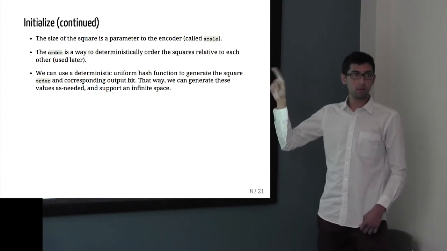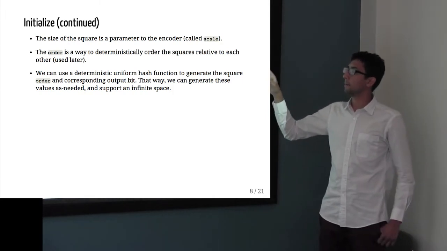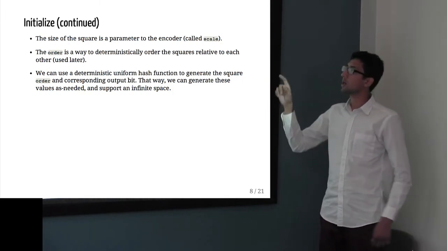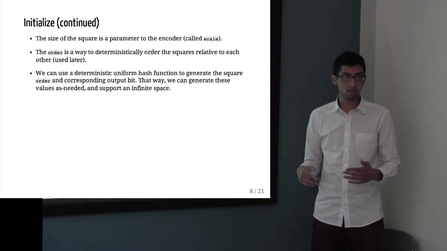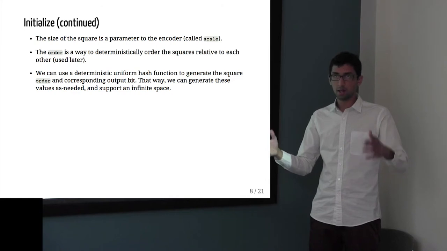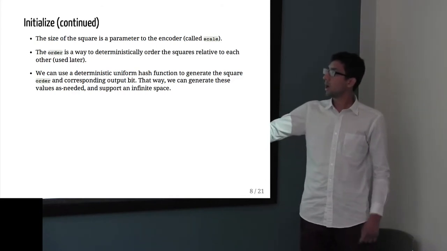And I'll explain what that parameter does later on. The order is that value from 0 to 1. It's a way to deterministically order the squares relative to each other. So if you have a set of squares that you're considering, you can order them by that value. And we'll use that later.